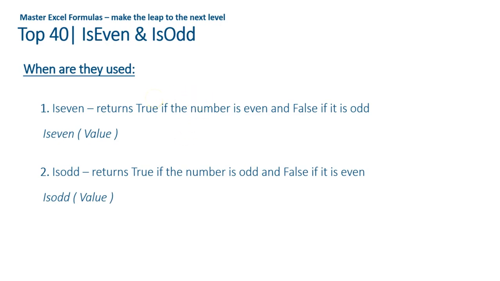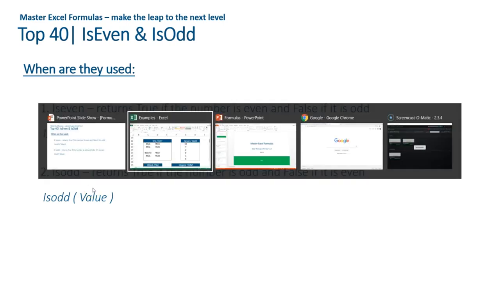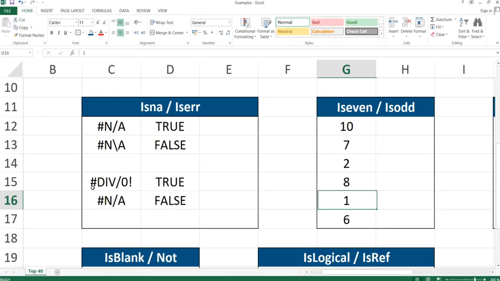So ISEVEN and ISODD. This is specifically for cells or a range of cells, and we want to check whether the values there are actually even numbers or odd numbers. The structure of the two formulas is very simple, of course, and to show you an example of this, I have just created this table here.